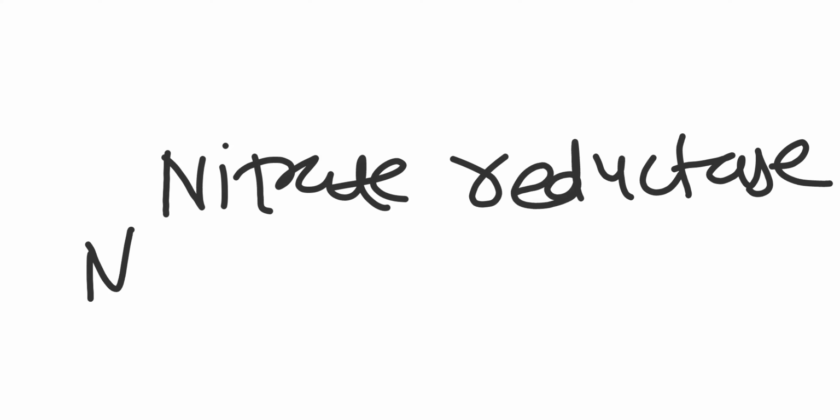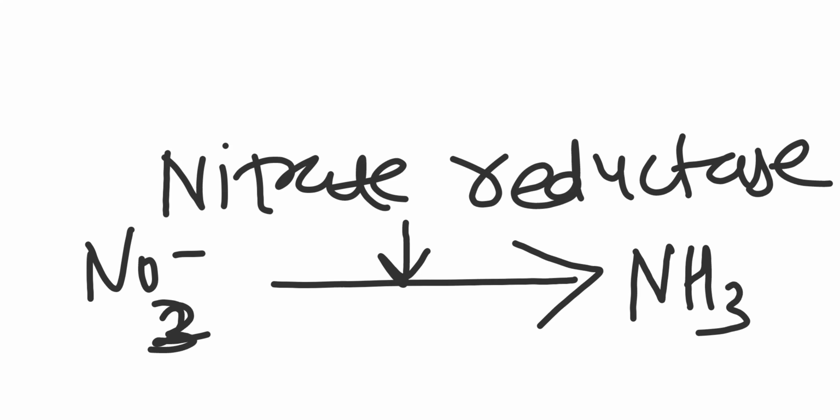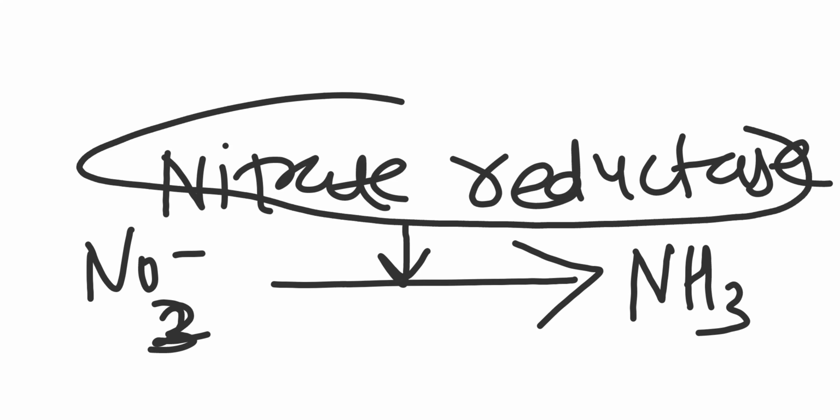So when nitrogen in the form of NO2 minus or NO3 minus is present in the plant, first NO3 minus, with the help of nitrate reductase, is converted into ammonia in the plant. Then from that ammonia, amino acids develop and then protein synthesis. So the nitrate reductase enzyme works here.